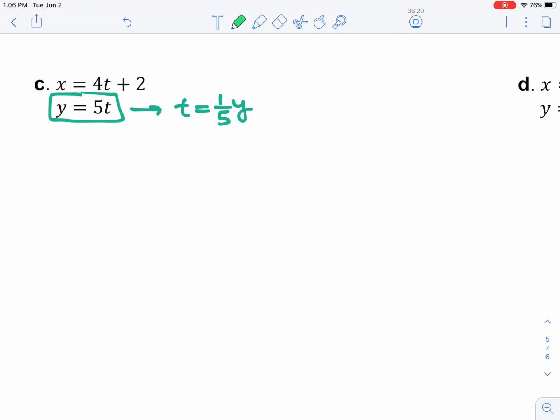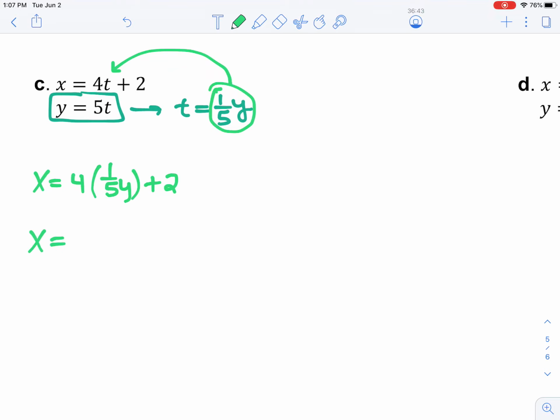It might be a little bit clearer if I circle the fact that t is the same thing as 1/5 y, and I'm going to replace that into my x equals equation. So I'll have x equals 4 times, instead of t, 1/5 y, and then plus 2. And we can clean this up a little bit.